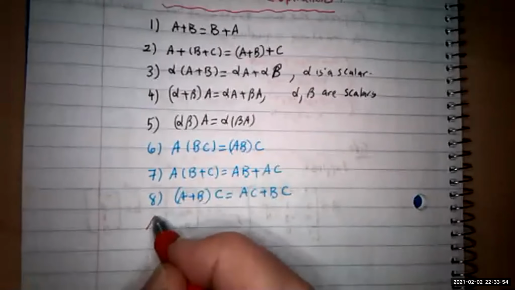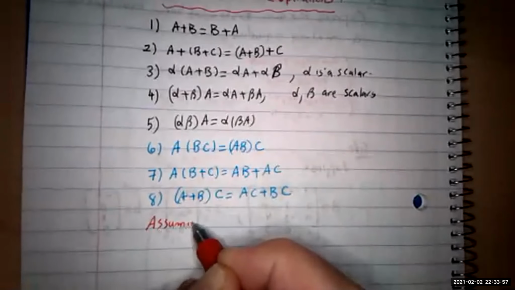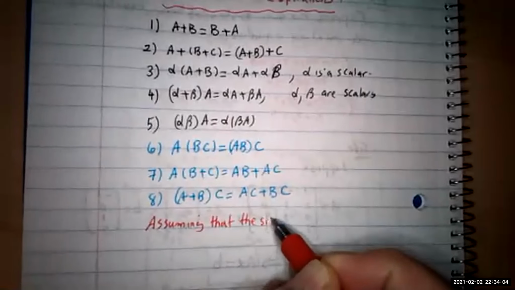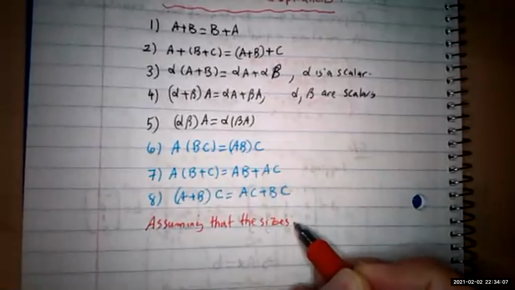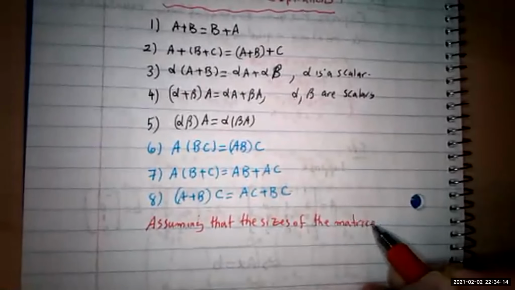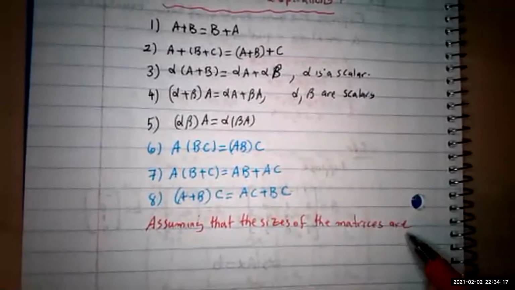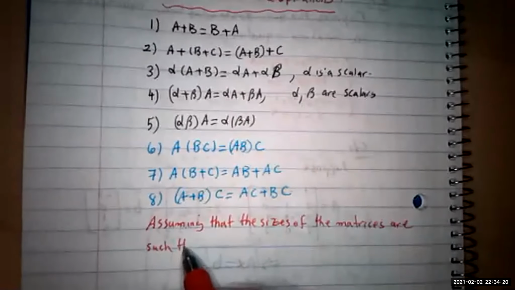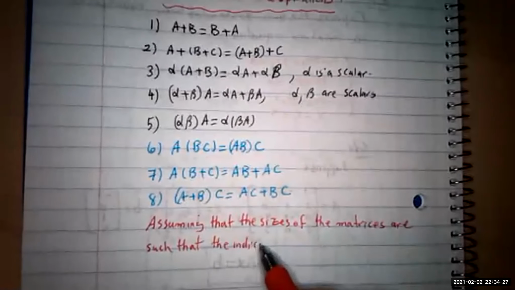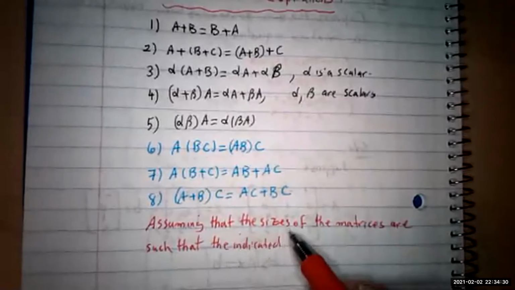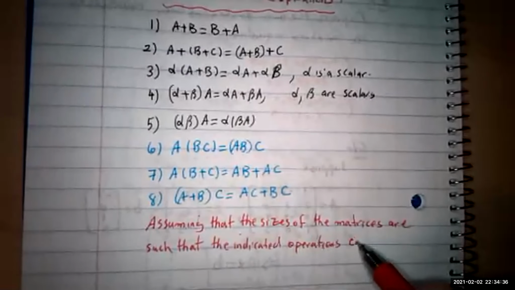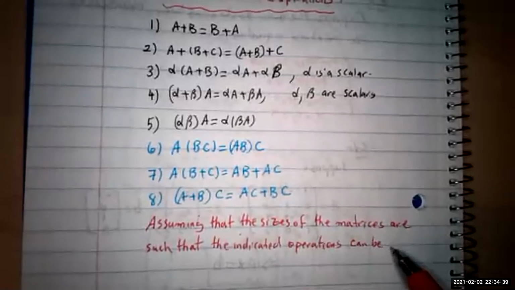So assuming that when you multiply, the sizes of the matrices satisfy the size equation, such that the indicated operations can be performed.